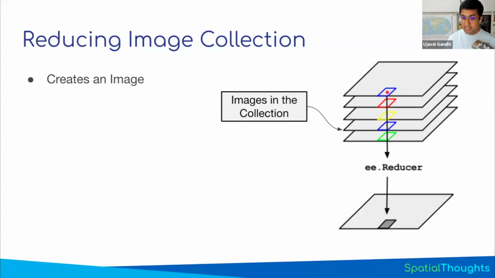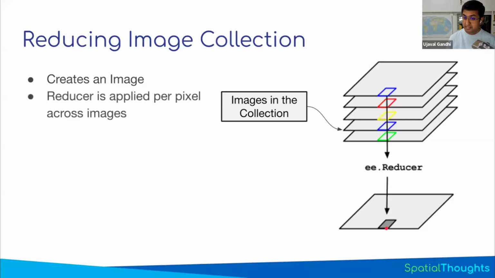The reducer, whatever reducer you've chosen, will be run on all pixels of each image, and the value of the output image would be that pixel. The reducers are, you can do sum, mean, median, and so on. This seems very familiar, right? Have we done this before so far?